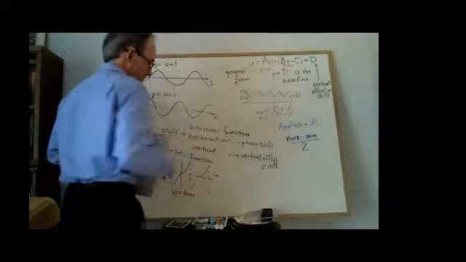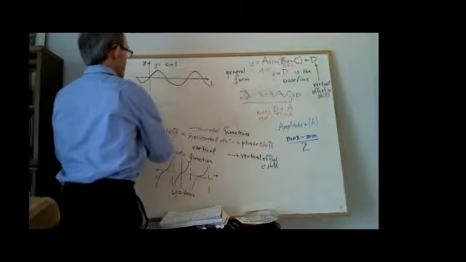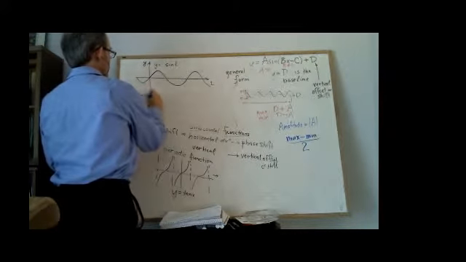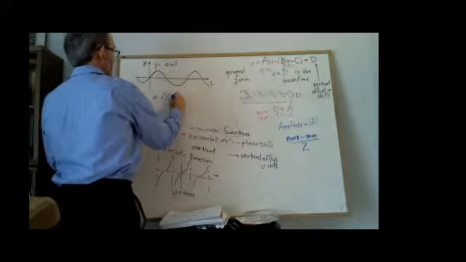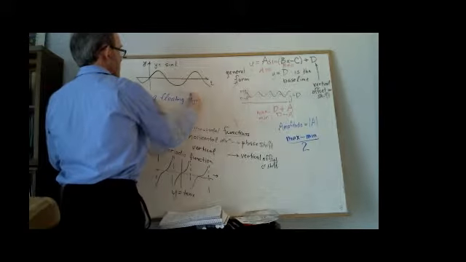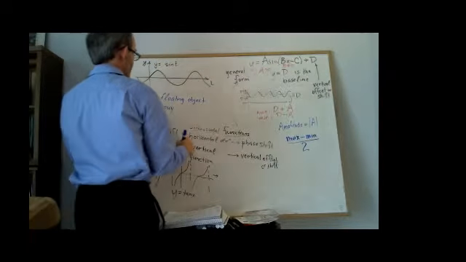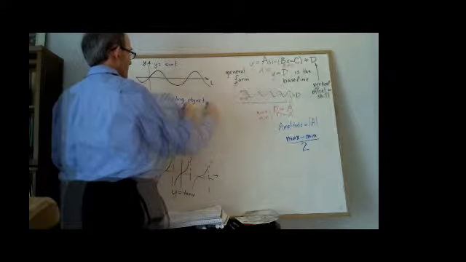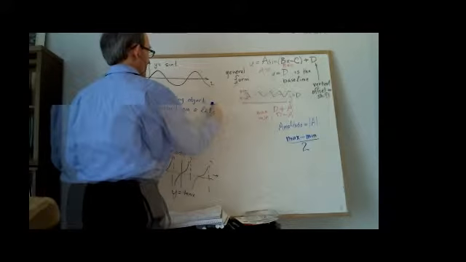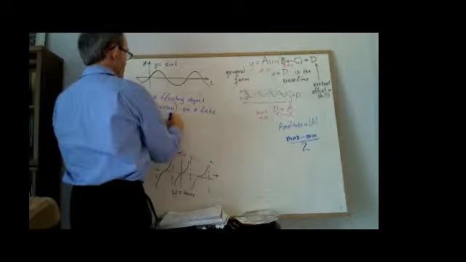All right. So let me write that down. A floating object, which is maybe a buoy or something. And it bobs up and down, bobbing up and down because of a wave passing by.